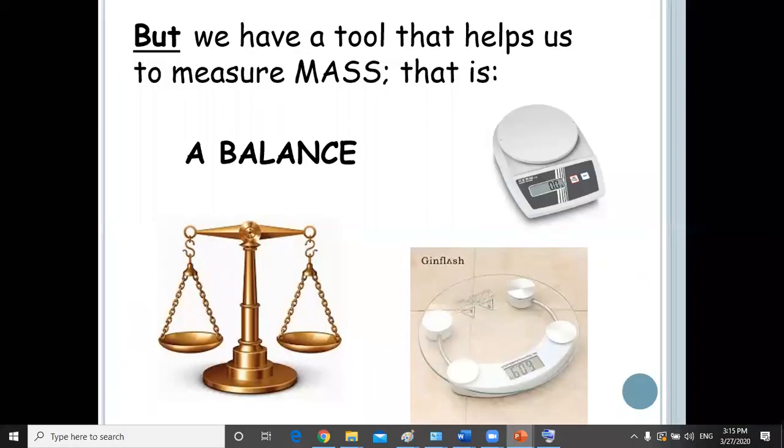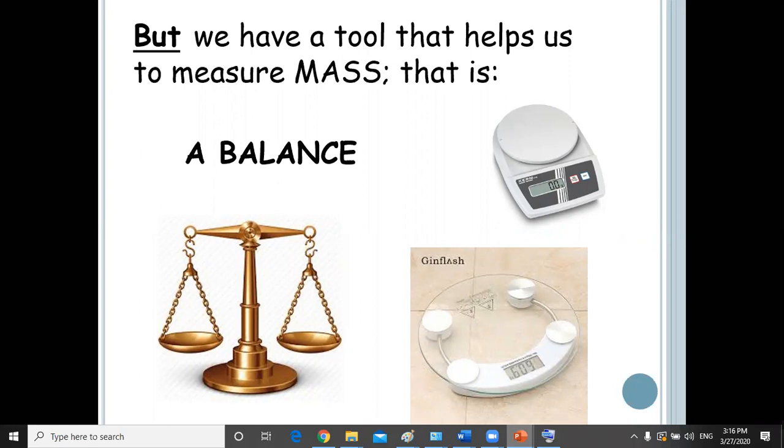Now, I want to ask you, how do we measure the mass of an object? Look at these pictures. We use these tools to measure the mass. Look at this. It's a balance.